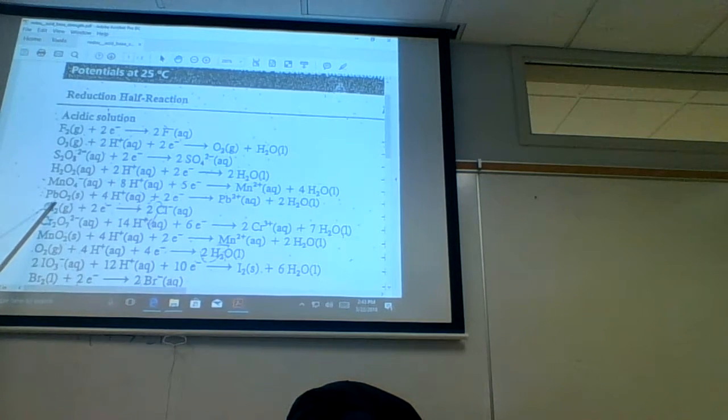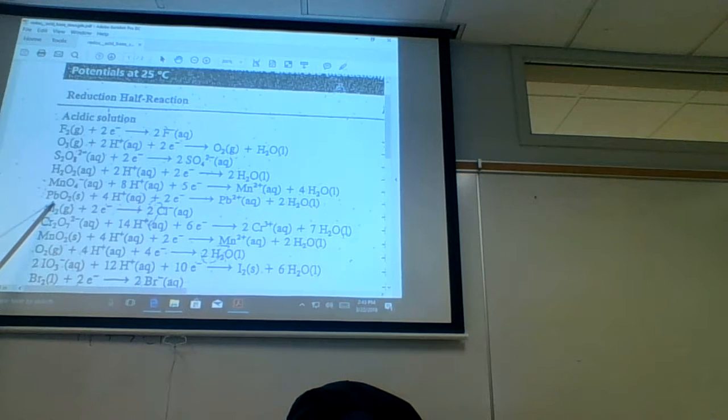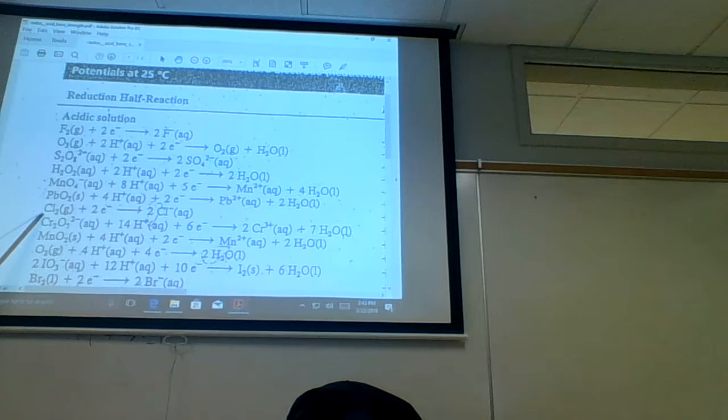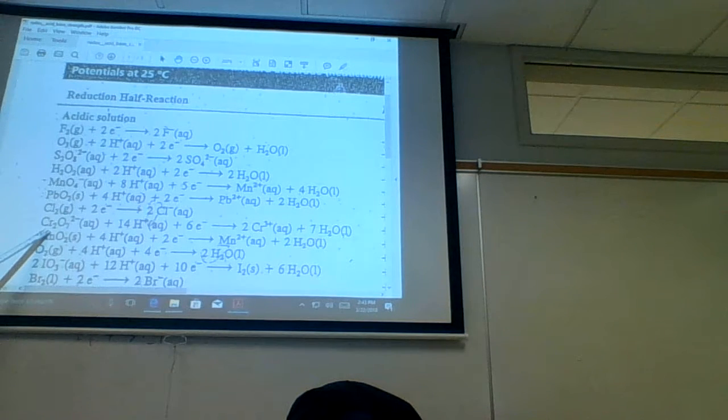Even this one, what's this one called? Lead 4 oxide, powerful oxidizer. Chlorine, powerful oxidizer. What's this one below chlorine? Dichromate.